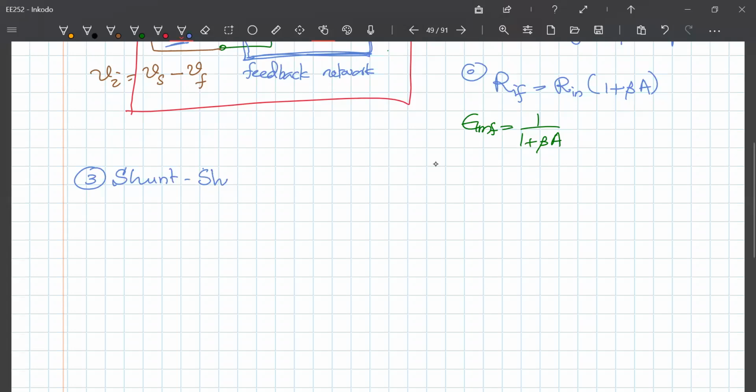Shunt-shunt. So this is for a transresistance amplifier with voltage shunt feedback. Voltage is sampled and it is provided as a shunt feedback.